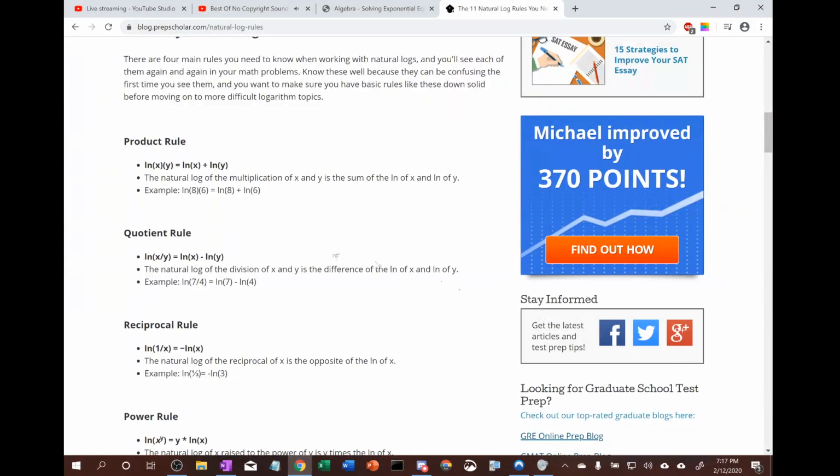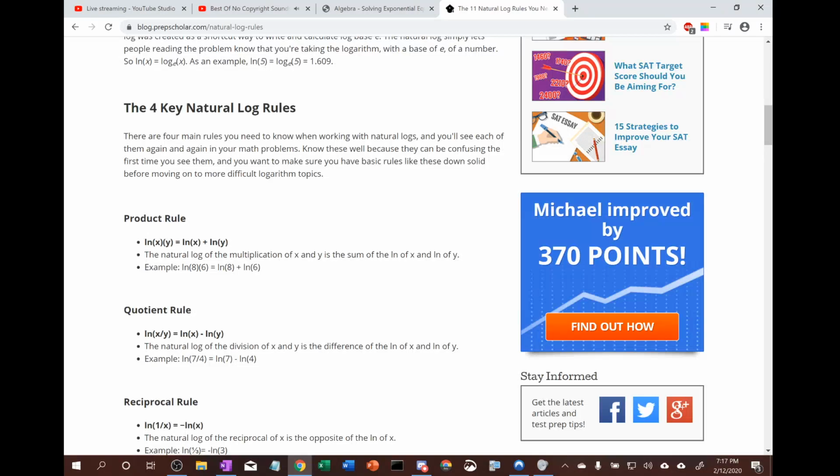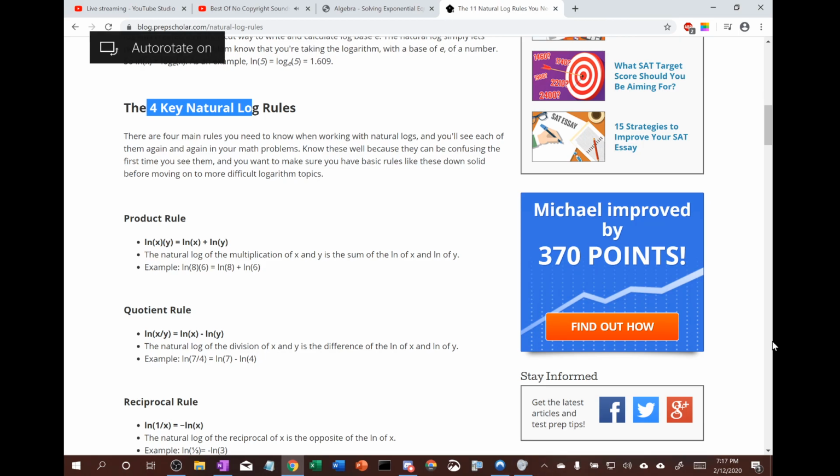Here we go. So the 4 key natural log rules. All right. We'll start with that. The product rule. Okay.